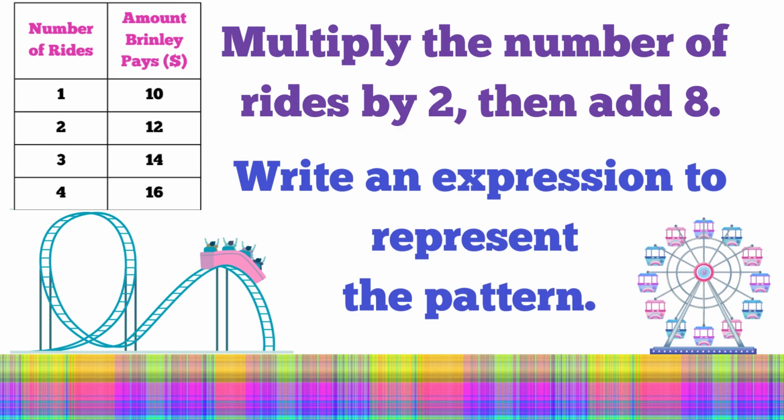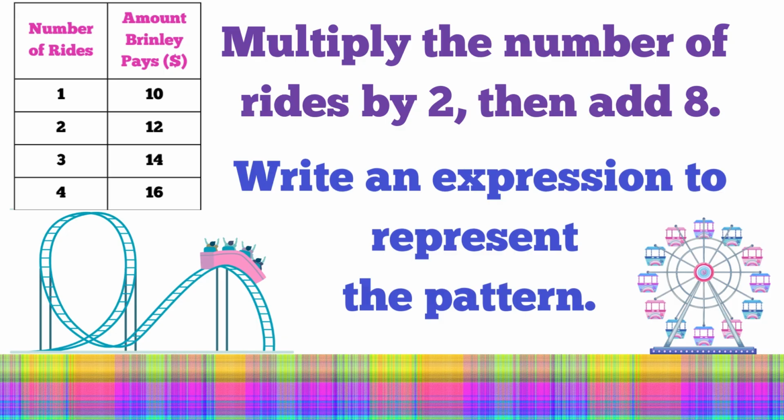We can verify that by checking it. If the input is 1 and we multiply it by 2, that would be 2. Then 2 plus 8 equals 10. This rule makes sense because Brinley pays $8 to enter plus $2 for each ride.